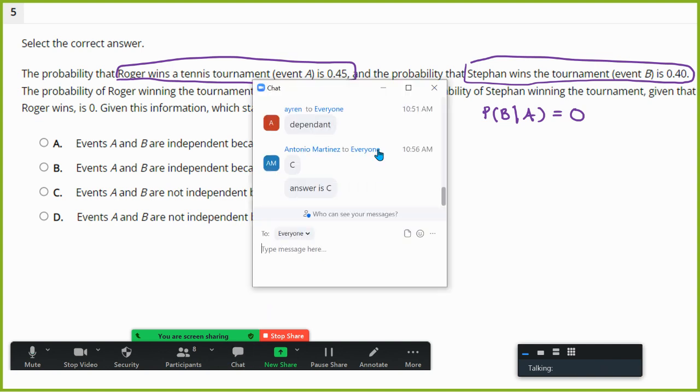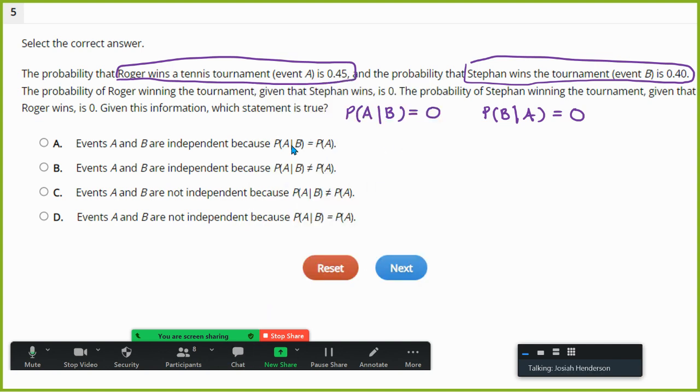In the chat, C again. Thanks, Antonio. Let's check it out. I'm going to investigate option C here. Not independent means dependent because A given B is not equal to A. And that is true. Probability of A given B is 0, and just plain probability of A is 0.45.